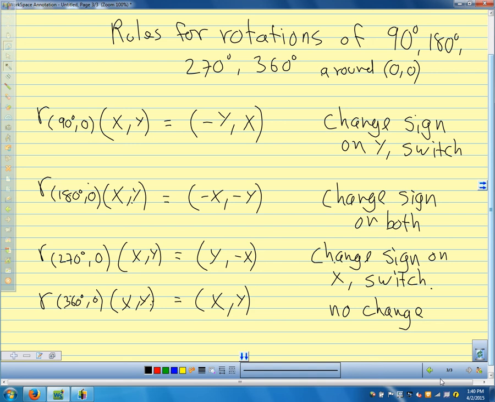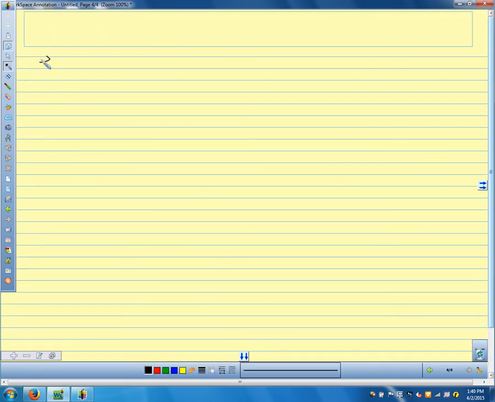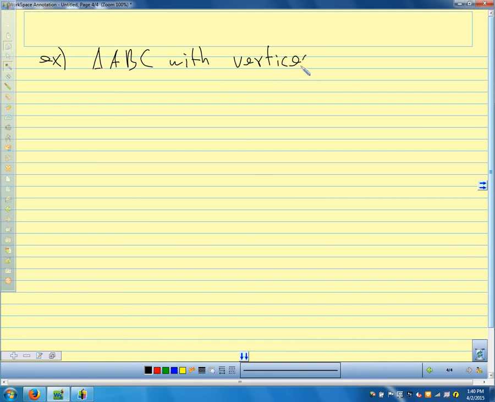All right, so let's look at an example using one of these rules, and I'll show you how easy it is to do these rotations, and then we'll be done. We'll know all about rotations. So we want a triangle ABC, and we have vertices A is the point 1, 1, B is the point 4, 2, and C is the point 0, 4.